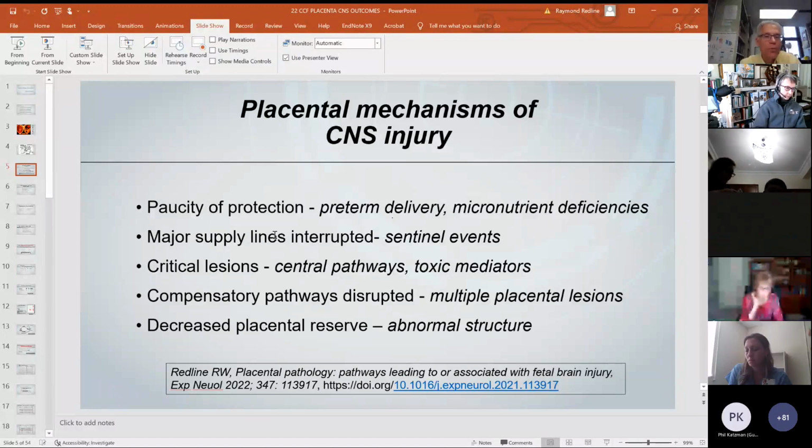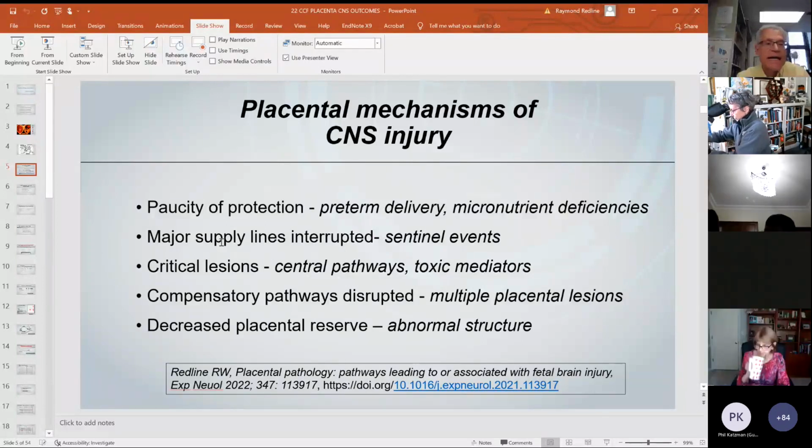Another major one we all know about are sentinel events, where the major supply lines to the placenta are interrupted. That would be the arterial supply from the mother, the fetal supply from the umbilical cord, loss of circulating volume from fetal-maternal hemorrhage, or a tear in the umbilical cord. Then I'll spend some time on critical lesions or central pathways, which are most commonly seen and associated with CNS injury.